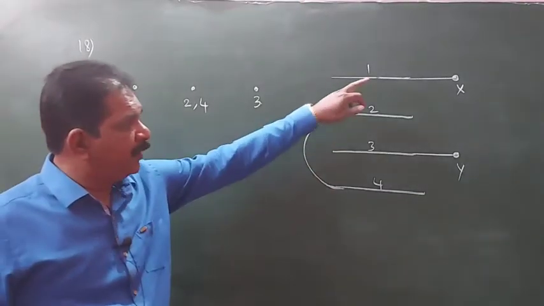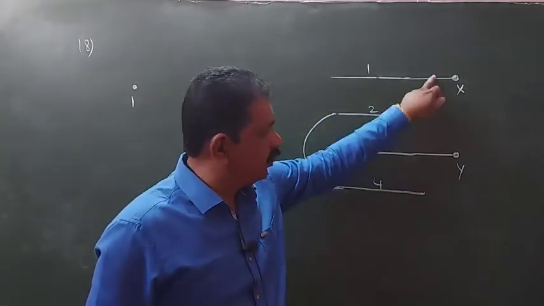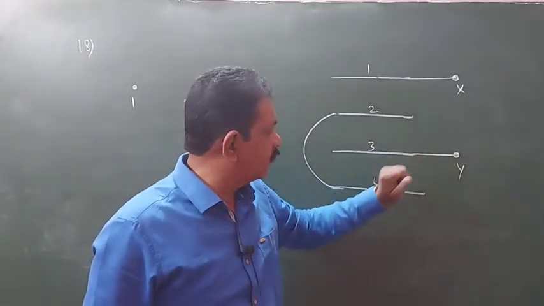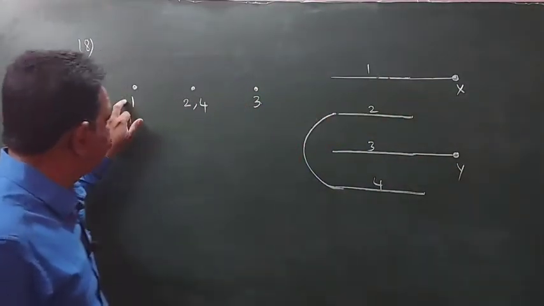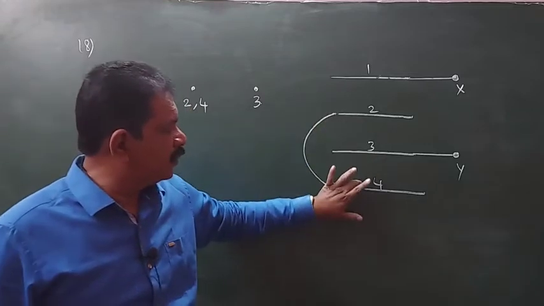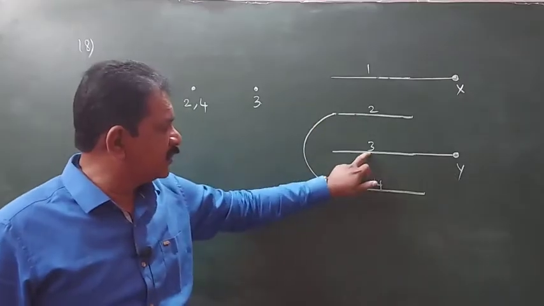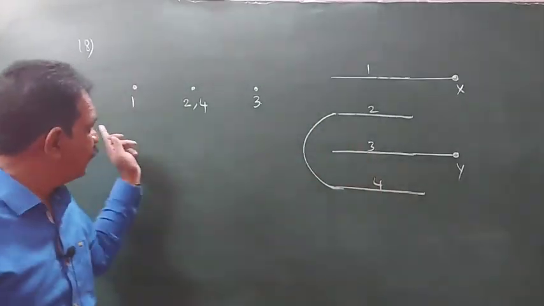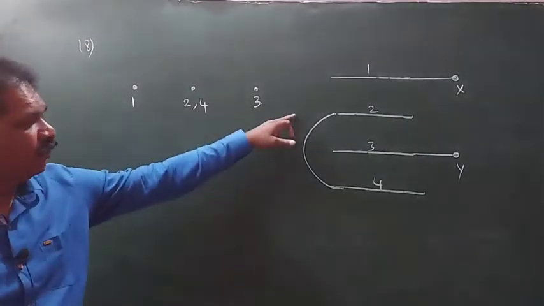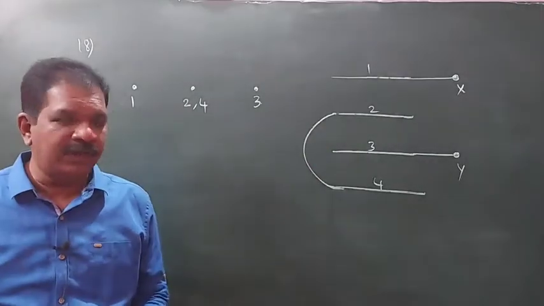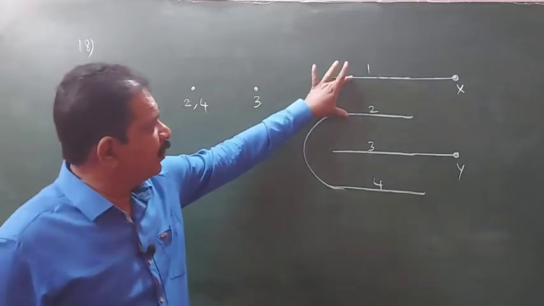Understanding? Between these 2 points we need to calculate. So this is first one, these two are connected, and this is last one. First, last you write down. In between them, these 2, 4 are connected, that you write down. This will be one capacitor.